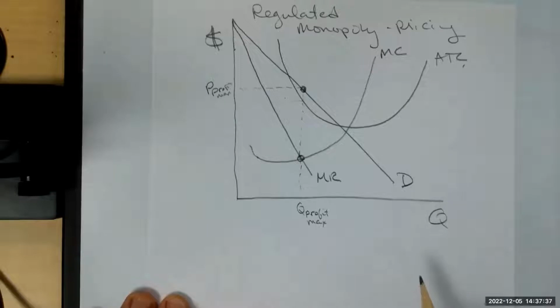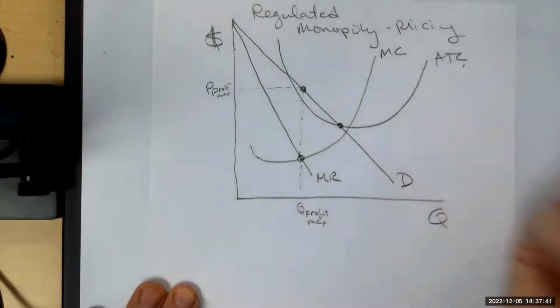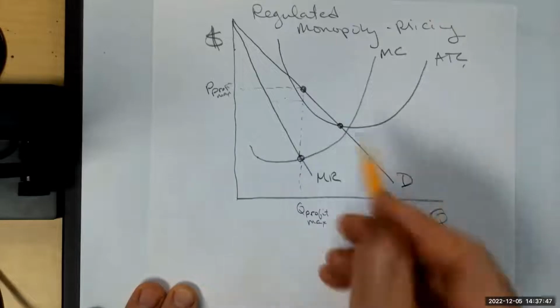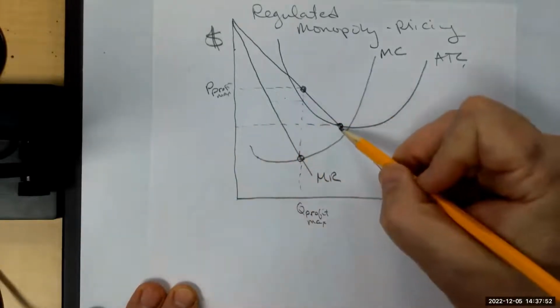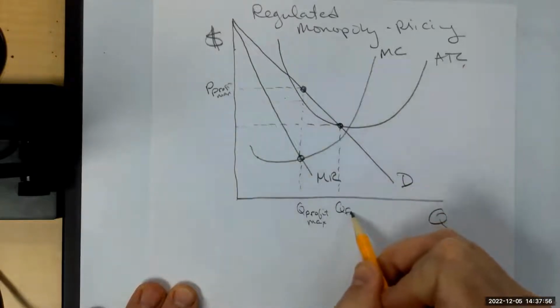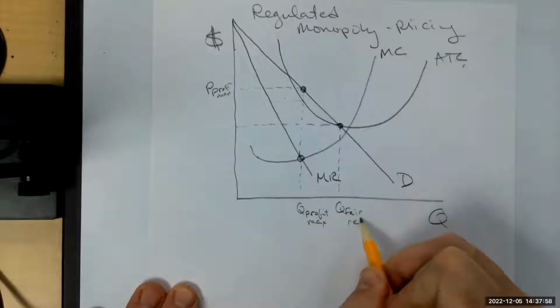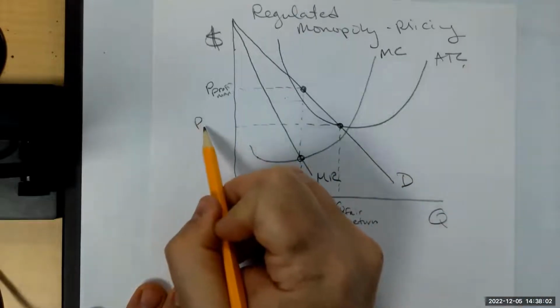The other price you could allow them to charge is this one right here. This one we call fair return. So right there where demand meets ATC, call that Q fair return, and this P fair return.